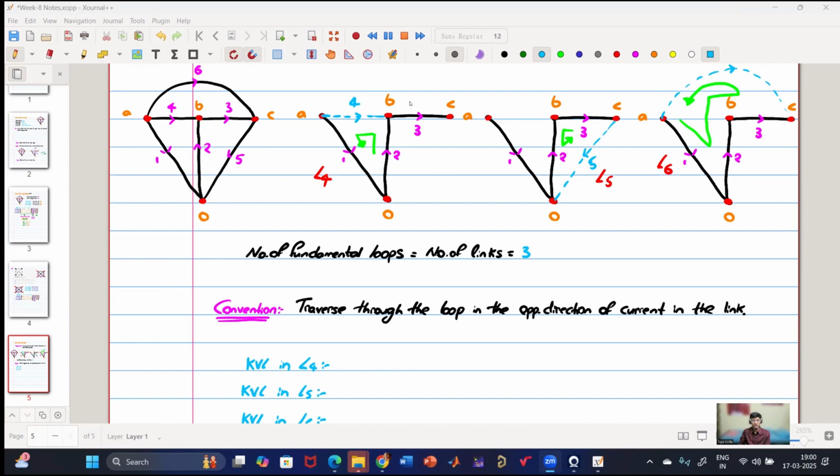Sir, VE4, because it is voltage. Right, VE4. Minus VE1. Okay, very good. Plus VE2. Plus or minus?